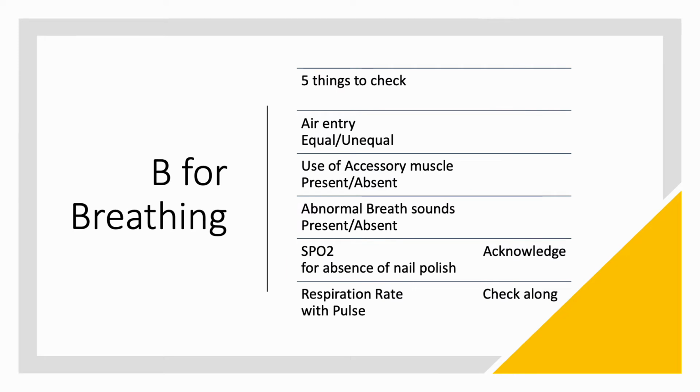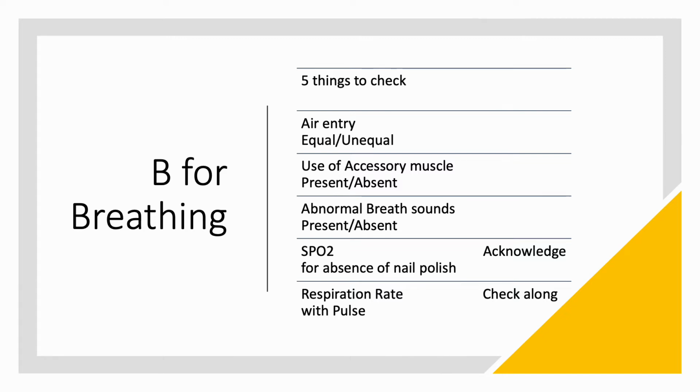When it comes to breathing, there are 5 things to check: air entry, use of accessory muscles, abnormal breath sounds, saturation, and respiration rate. Of these 5 things, always start with air entry. You can say, I can look at your chest, and your chest is expanding equally and your air entry is equal on both sides. Look at the patient's accessory muscles, and you can say, you are not using your accessory muscles.